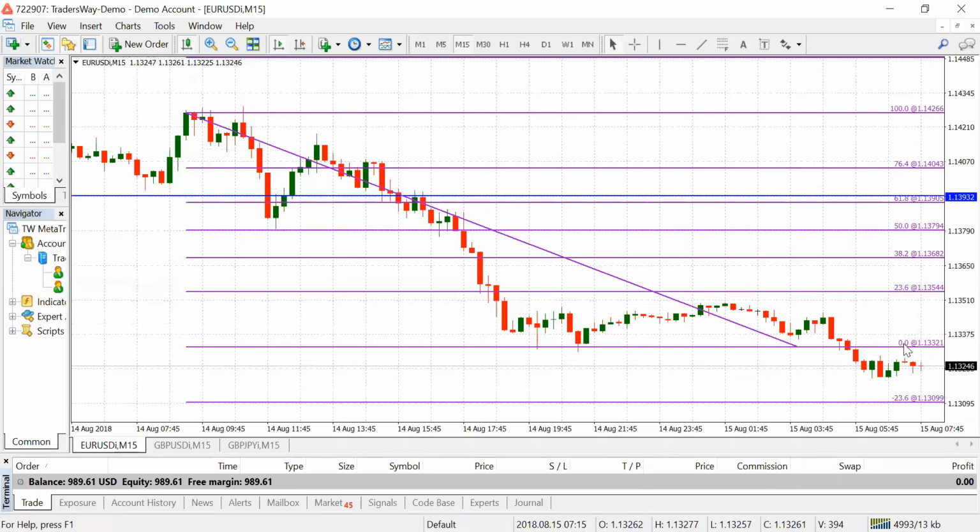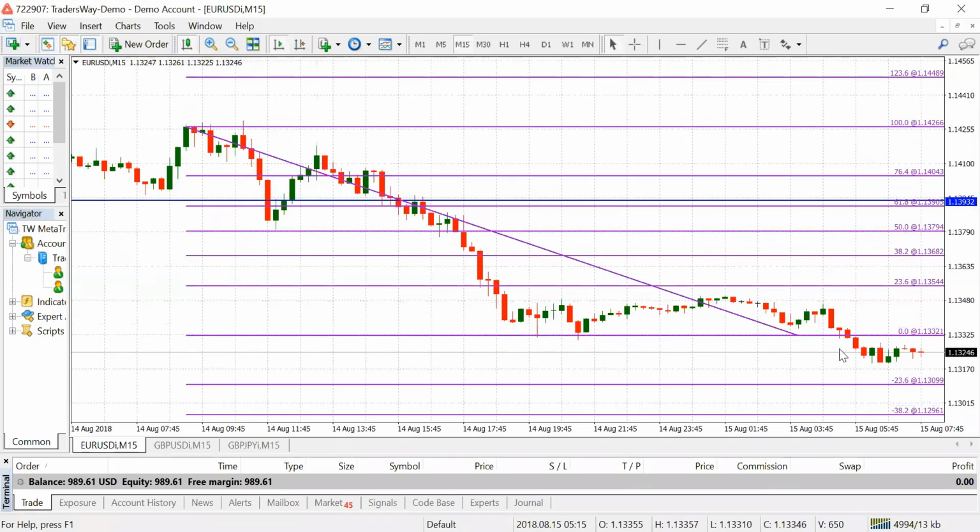So right now, the range this is in is 23 pips, sitting in between this range right here. There's really nothing happening. And then I'm even looking at the breakthrough of this next range right here between this 23.6 and the 0.0. And there's a lot of consolidation here as well.